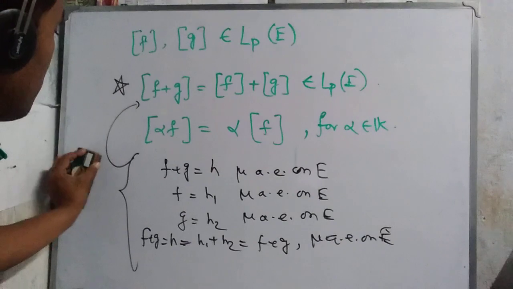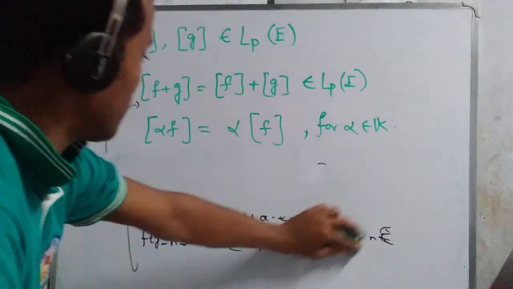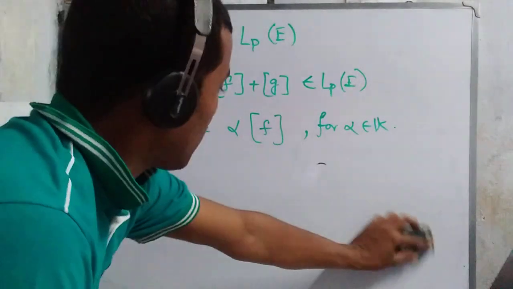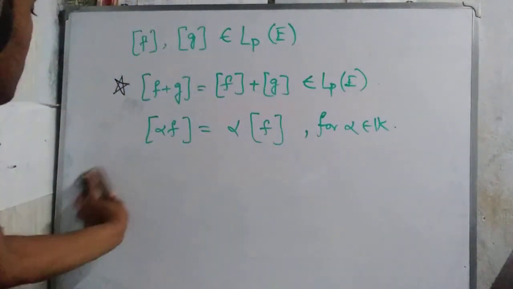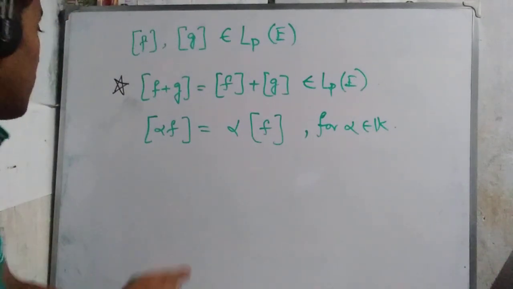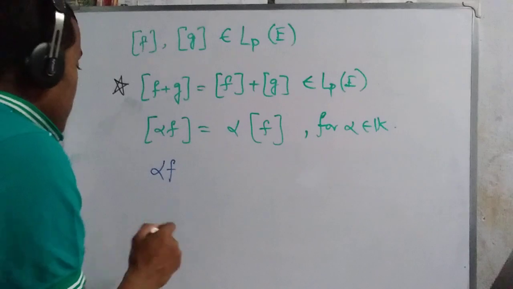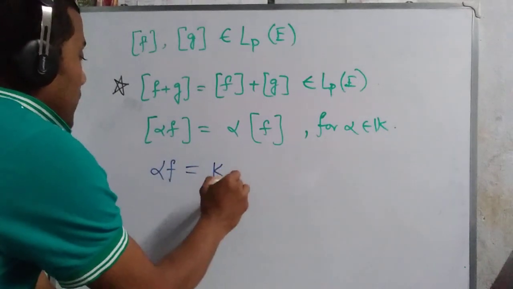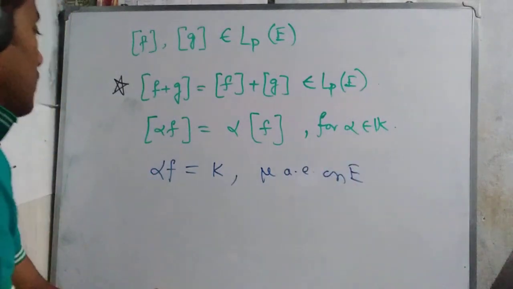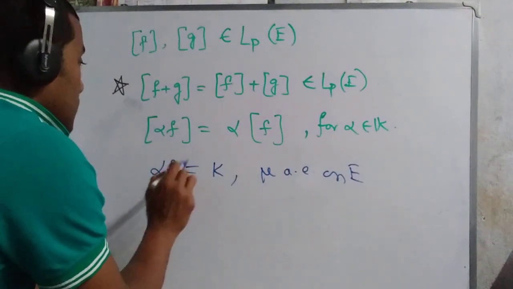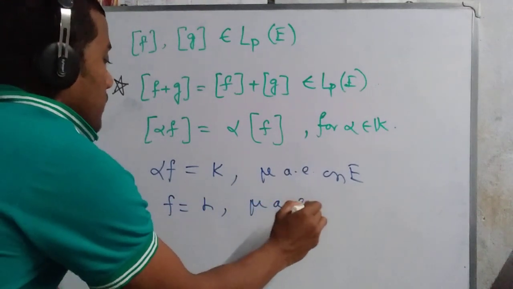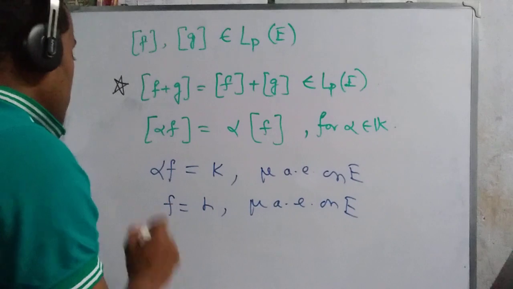And obviously we erase that portion and go on to further discussion of alpha f. Okay, if alpha f equal to some k mu almost everywhere on E, and this one if equal to h mu almost everywhere on E, then what happened?